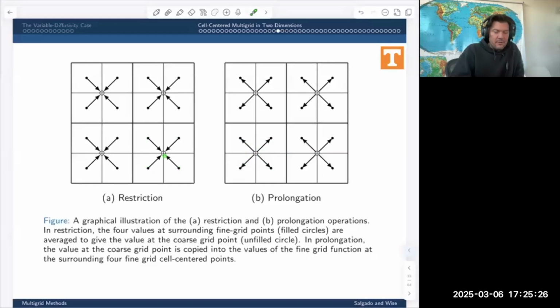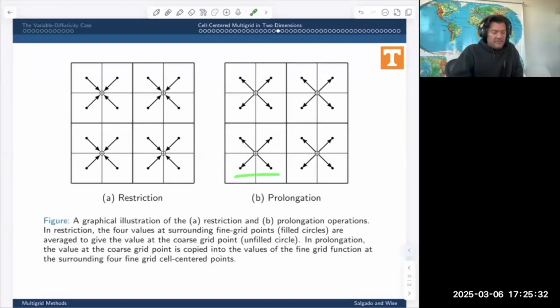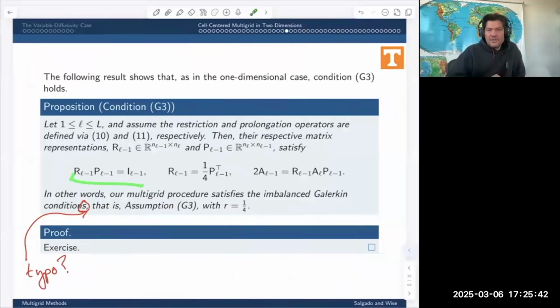What do you get? You get 7. So that's exactly what you were saying. You do prolongation first, then restriction, you get the same value. That's the proof that you have the identity here. Yeah, that's exactly right.